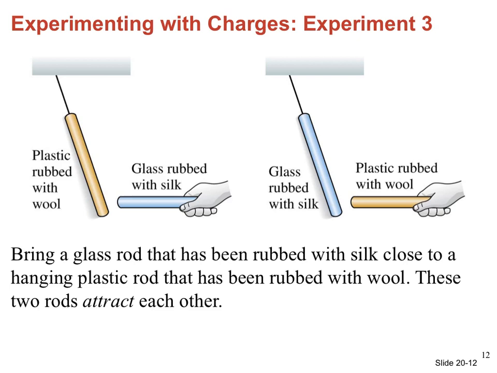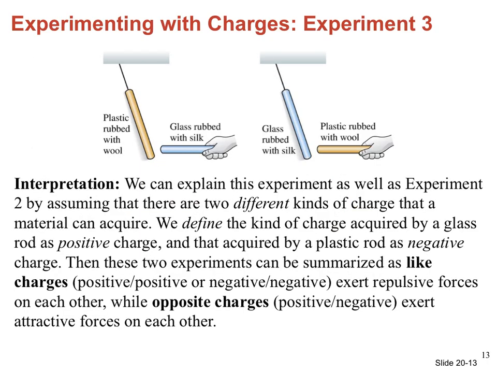So here's another experiment. Instead of having two plastic rods or two glass rods, we have a plastic rod with a glass rod. And what we've noticed with these is that they will attract to one another. And that's because these are oppositely charged.